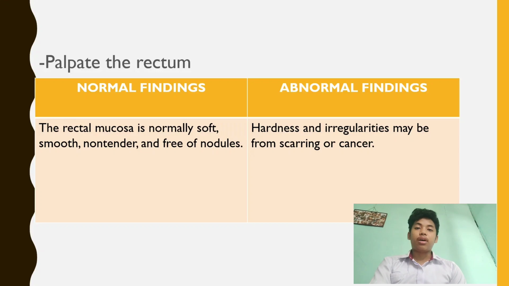Note any tenderness, irregularities, nodules, and hardness. For the normal findings, the rectal mucosa is normally soft, non-tender, and free of nodules. For the abnormal findings, hardness and irregularities may be from scarring or cancer. Nodules may indicate polyps or cancer.